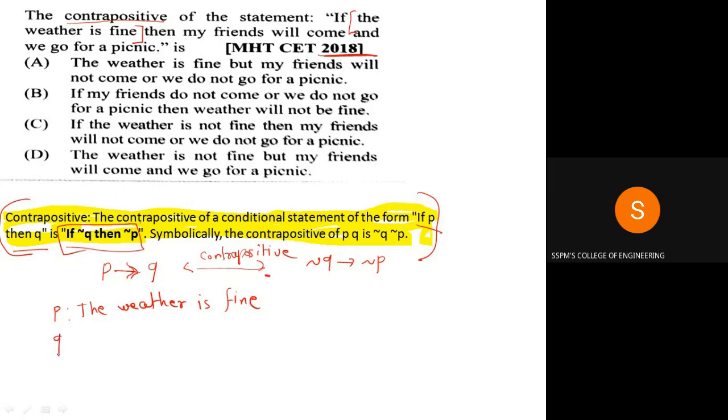And what is Q? The remaining part from the word "then": then my friends will come and we go for a picnic. That is the Q part.